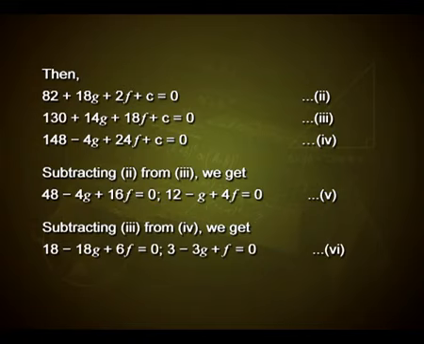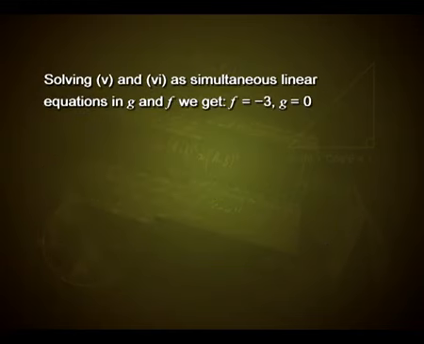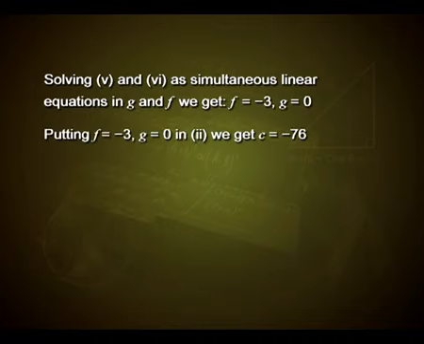Solving equations 5 and 6 as simultaneous linear equations in g and f, we get f = −3 and g = 0. Putting f = −3 and g = 0 in second equation, we get the value of c as −76.